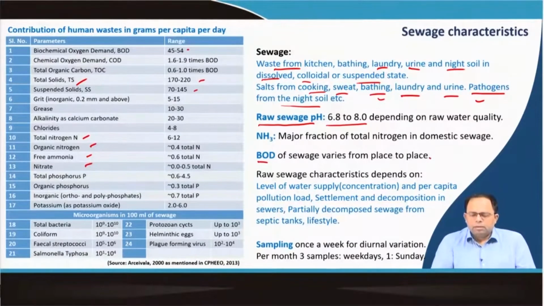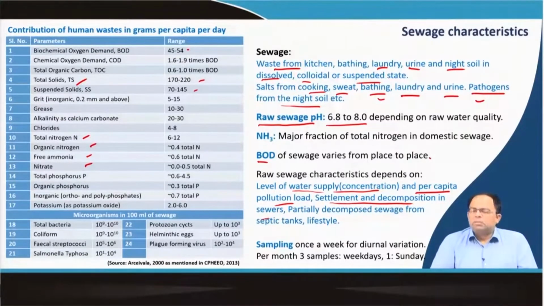So, the raw sewage characteristics are not the same. In different areas it varies, and it depends on the level of water supply. If the water supply is less, then the sewage will have a different concentration and per capita pollution load. Then settlement and decomposition in sewers depend on the design and the age of the sewers.